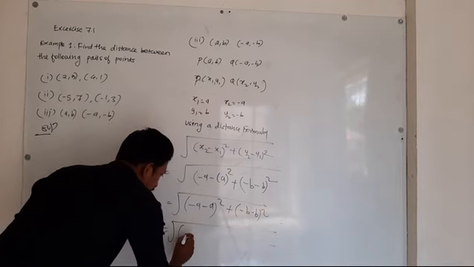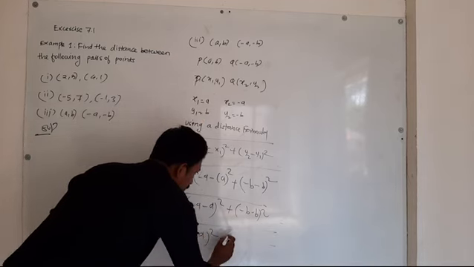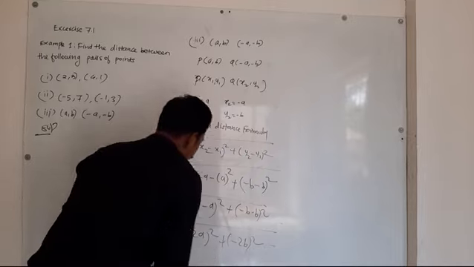That is minus 2a bracket squared plus minus 2b bracket squared.